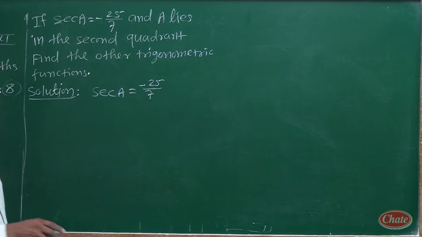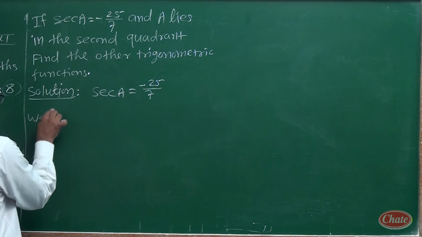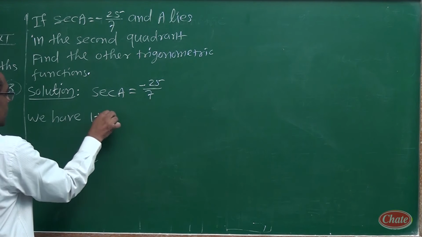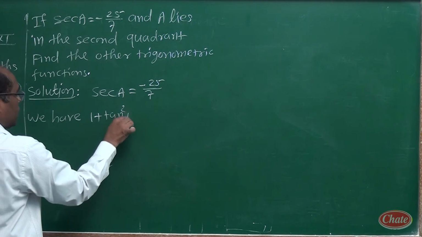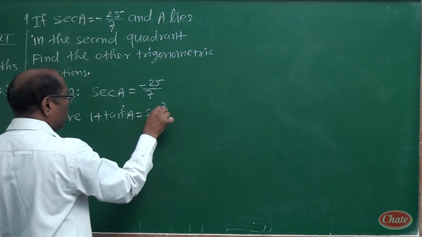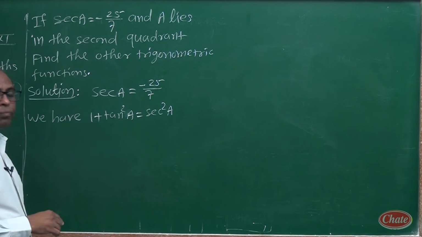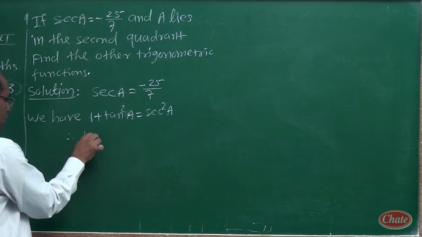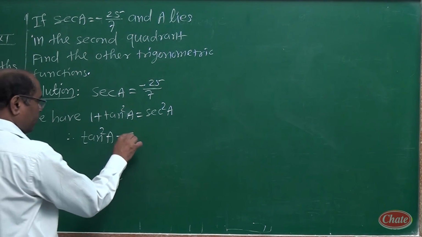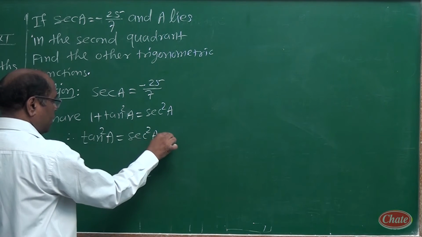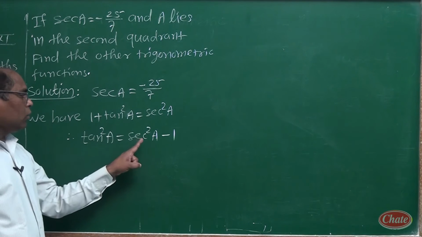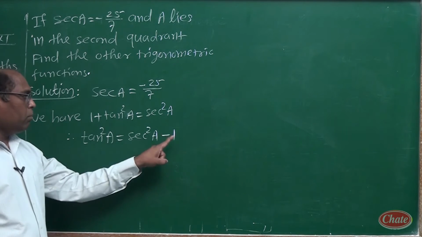Now we know the identity: 1 plus tan square A is equal to sec square A, and therefore tan square A is equal to sec square A minus 1.